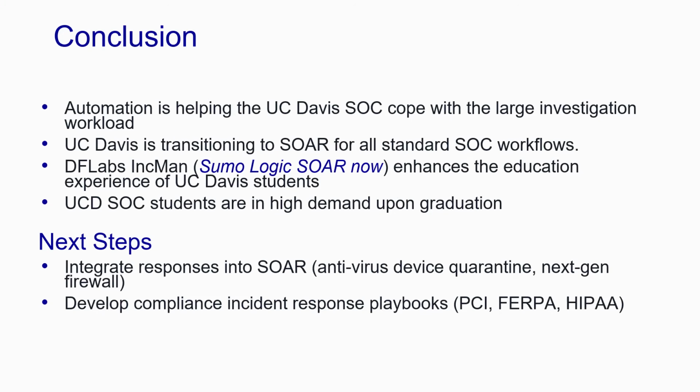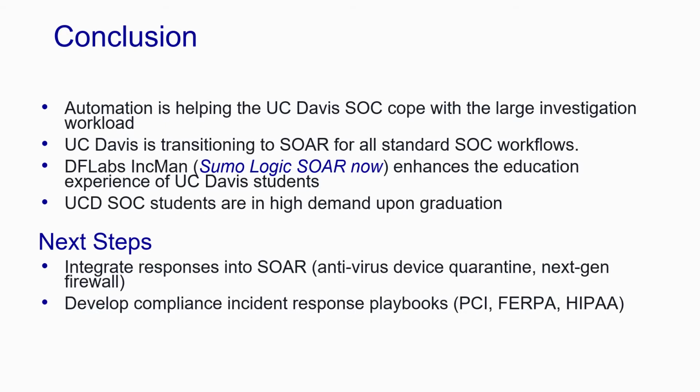I think automation is helping UC Davis cope with a huge investigation workflow. We can dispense with tons and tons of these alerts in a short time period. We're trying to move this way for all of our workflows. We've already integrated user account behavioral investigations.